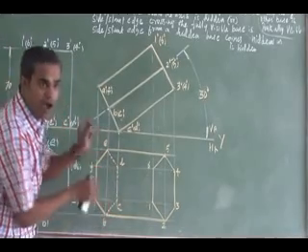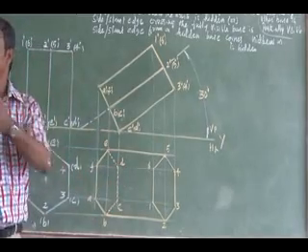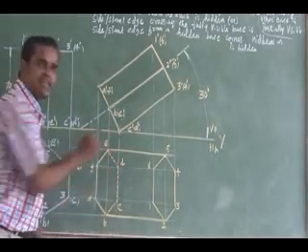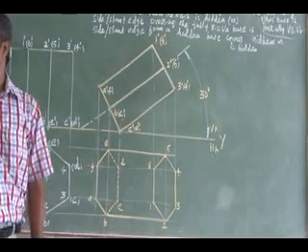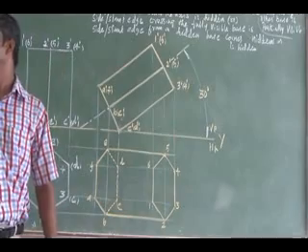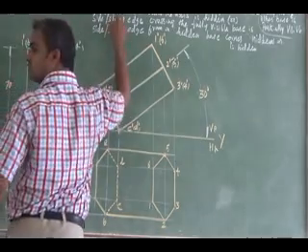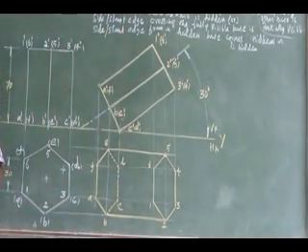C is a corner, an intersection point of two dotted base edges. So C and D are hidden corners. From that corner, whatever side edge I draw is going to be hidden.